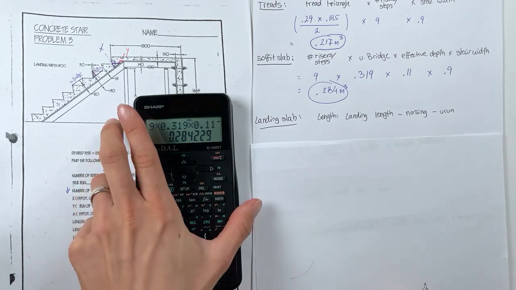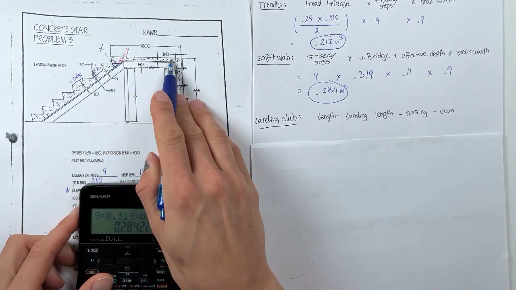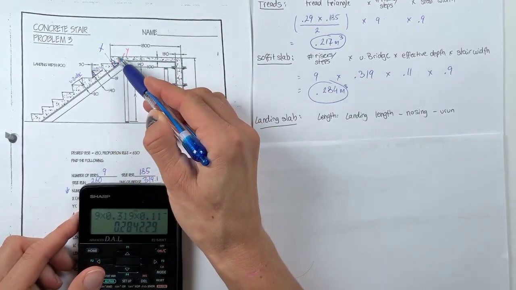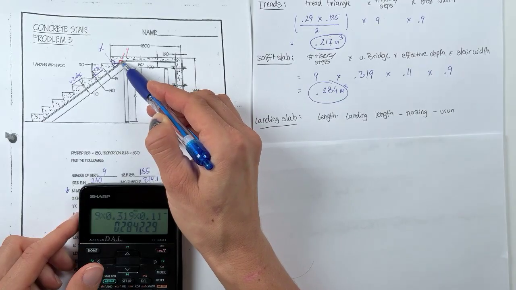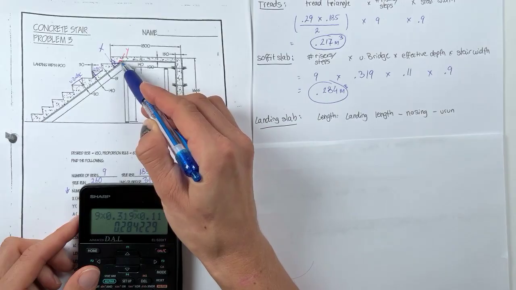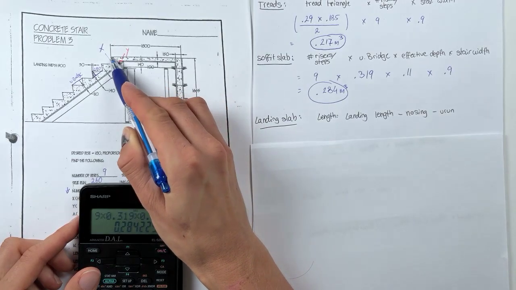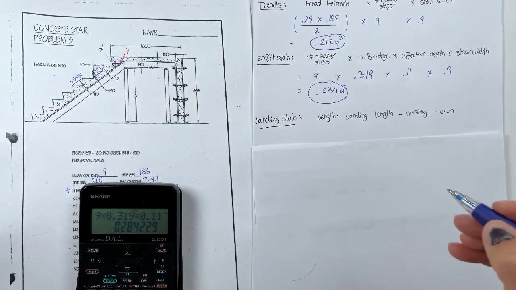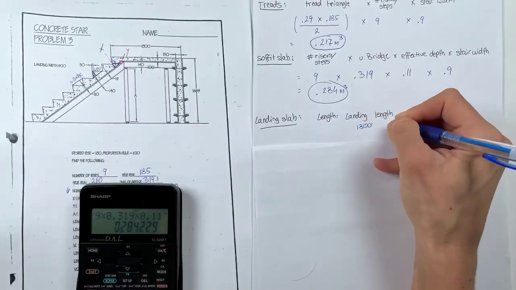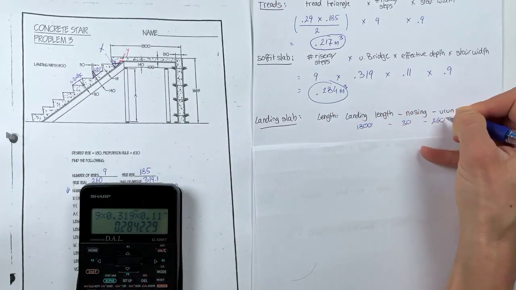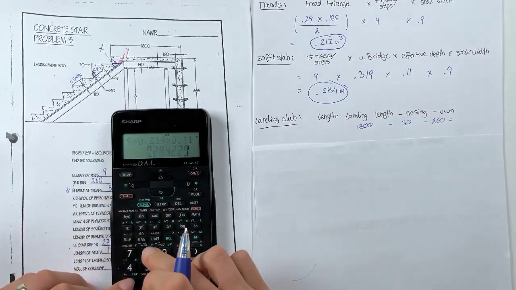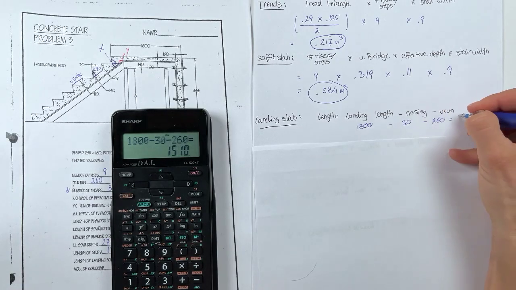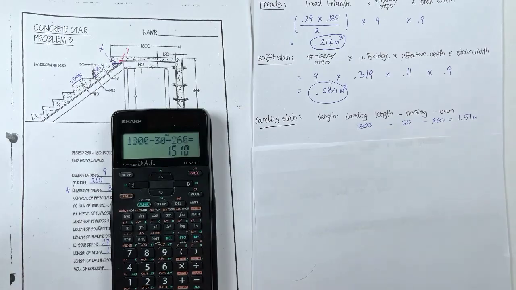Next, landing slab. So that's the slab up here. For that one, we need to figure out the length first, because we've already included the triangle and part of the slab over here. So we basically want to take off our nosing and 1 unit run to get us to back here, so we can just calculate the slab. So landing length is 1800 minus our nosing minus our unit run. Gets us 1510 or 1.51 meters.